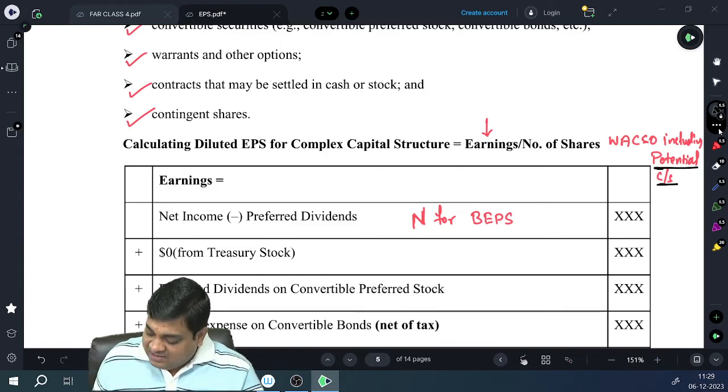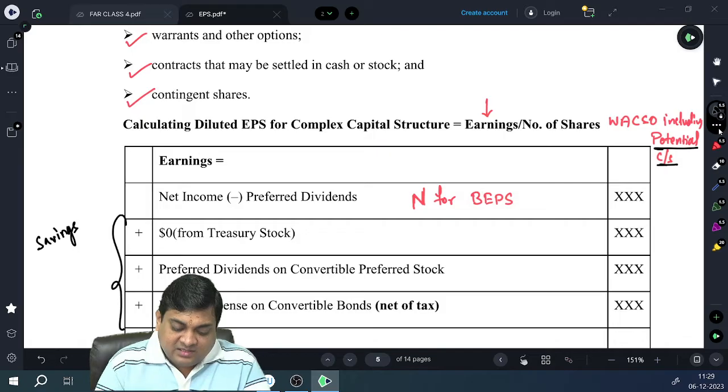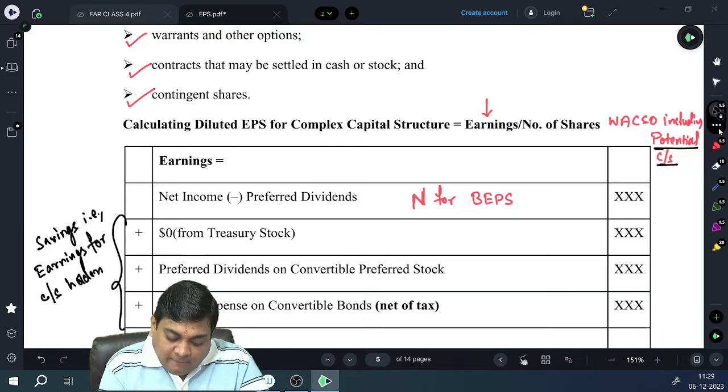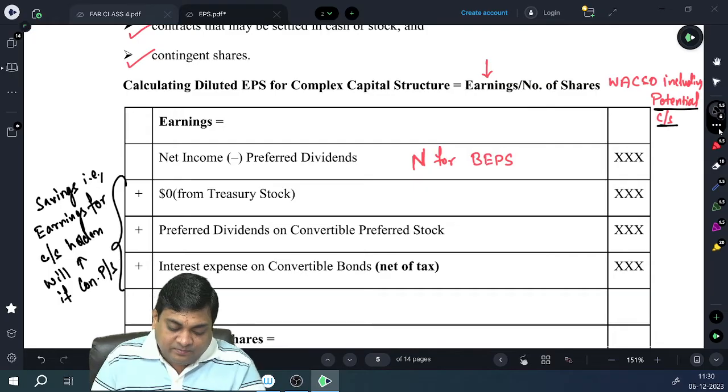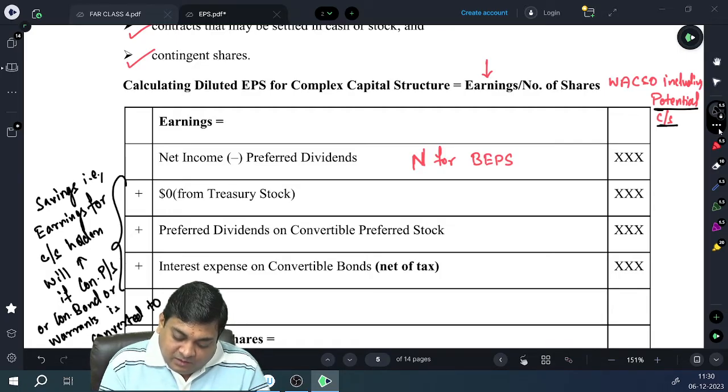So there will be a savings, that is, earnings for common stockholders will increase if convertible preferred stock, convertible bonds or warrants are converted to common stock.